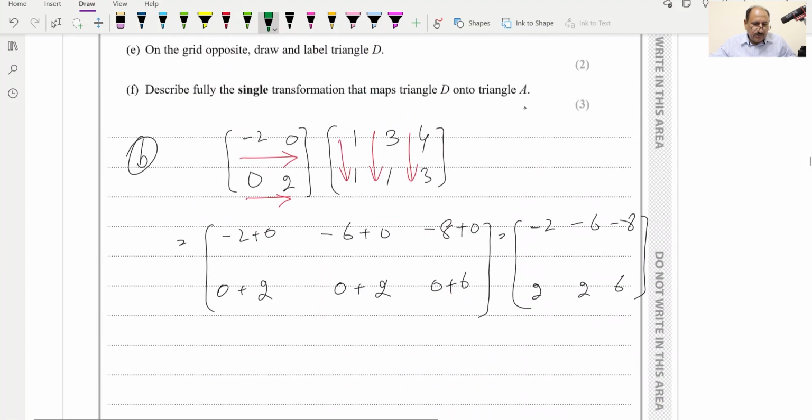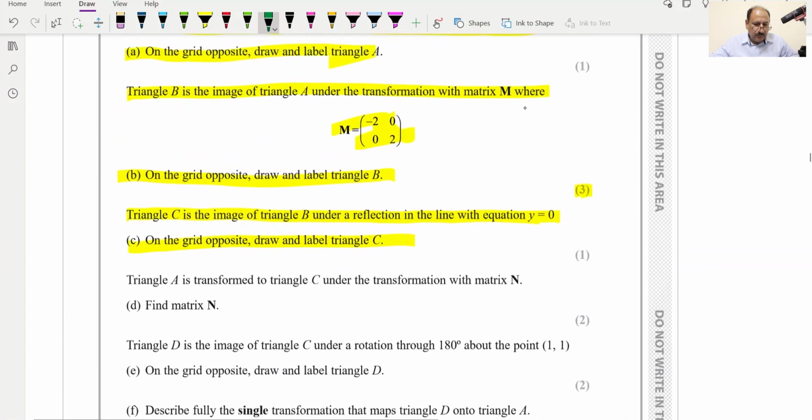Now after this, they are saying triangle A is transformed to triangle C under the transformation matrix N. Find the matrix N. So what will the transformation be?